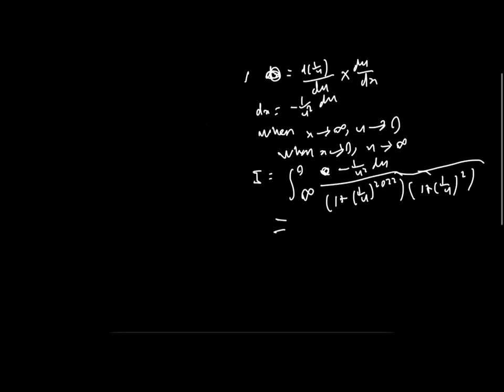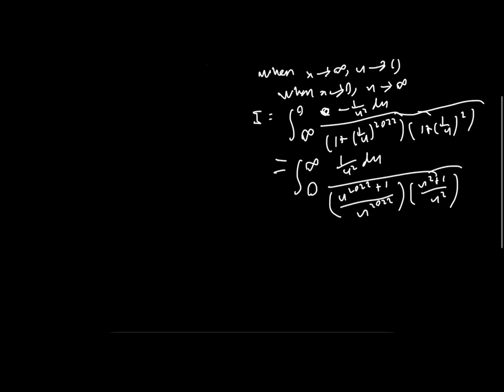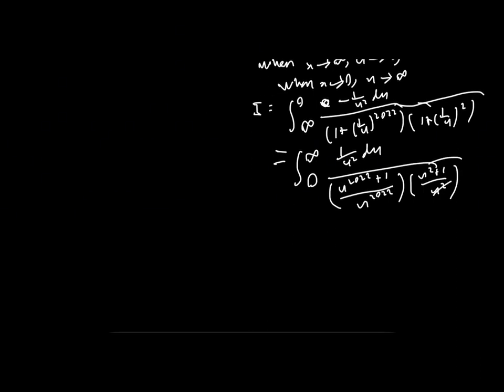Okay, so since it's a negative, we can absorb it and reverse the bounds. And then it will become something like this, times u squared plus 1 on u squared. Okay, so now this u squared and this one will cancel out.